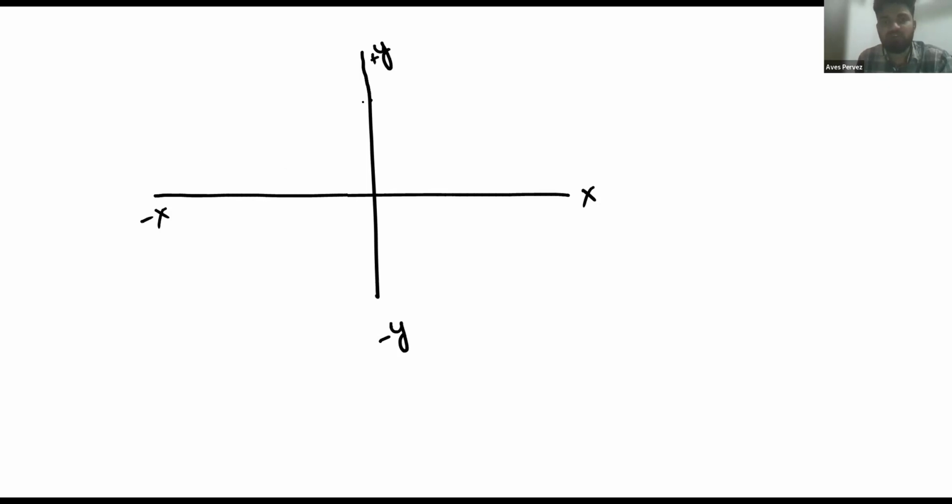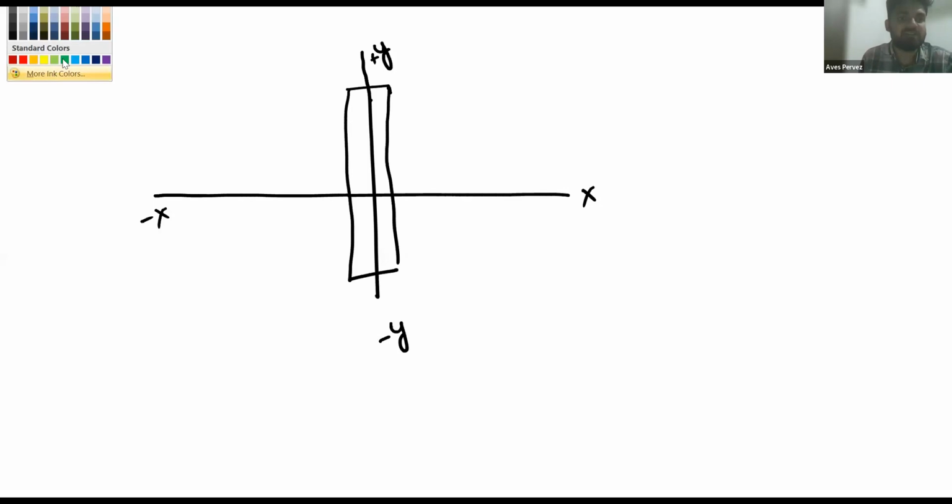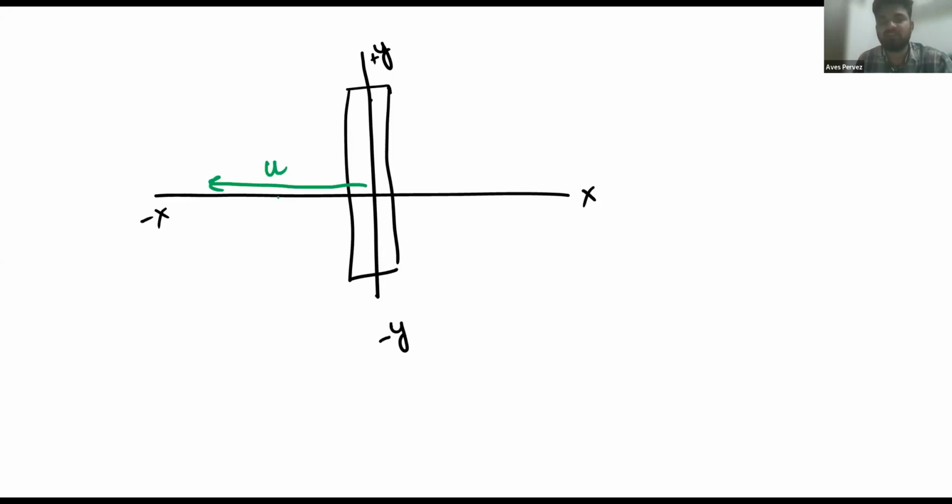If I am measuring a distance from here to here, that is called the object distance, and it is always taken as negative. Why? Because whenever an object distance is given to us, we have to take that value as negative, because this distance is measured along the negative x-axis.